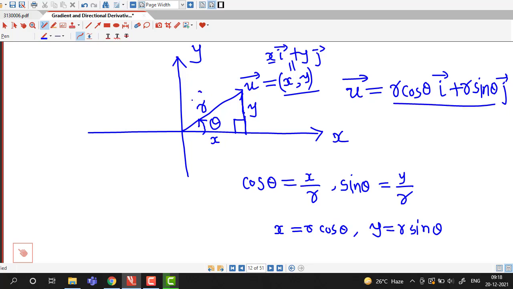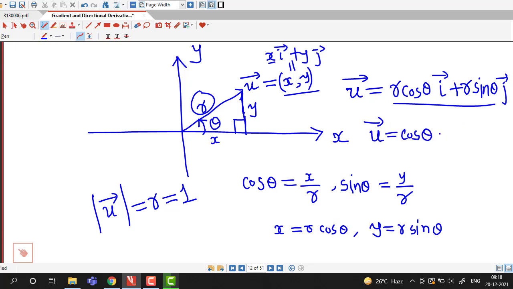Now suppose u bar is a unit vector, then the length of u bar, that is r, will be equal to 1. So if u bar is a unit vector, then u bar can be written as cos theta i plus sin theta j, where theta is the angle made by vector u bar with the positive x axis.